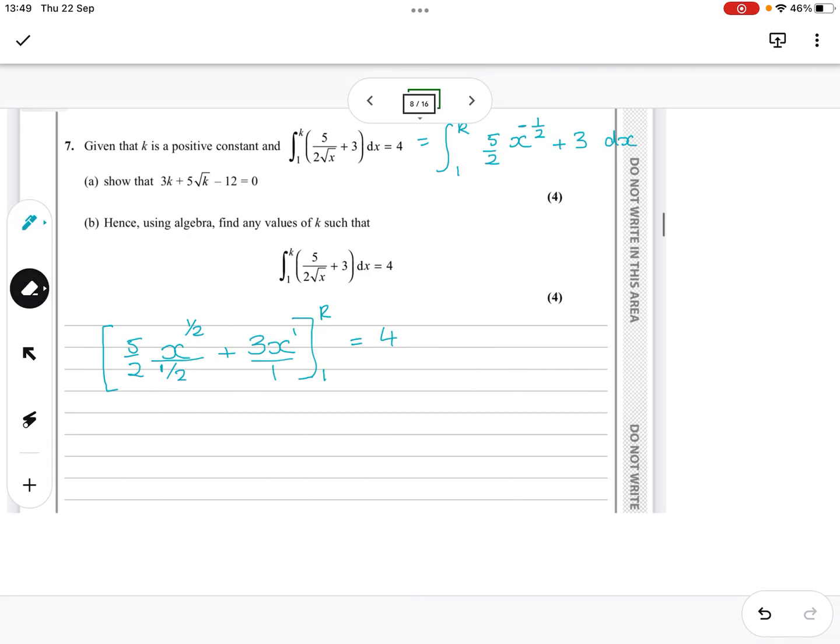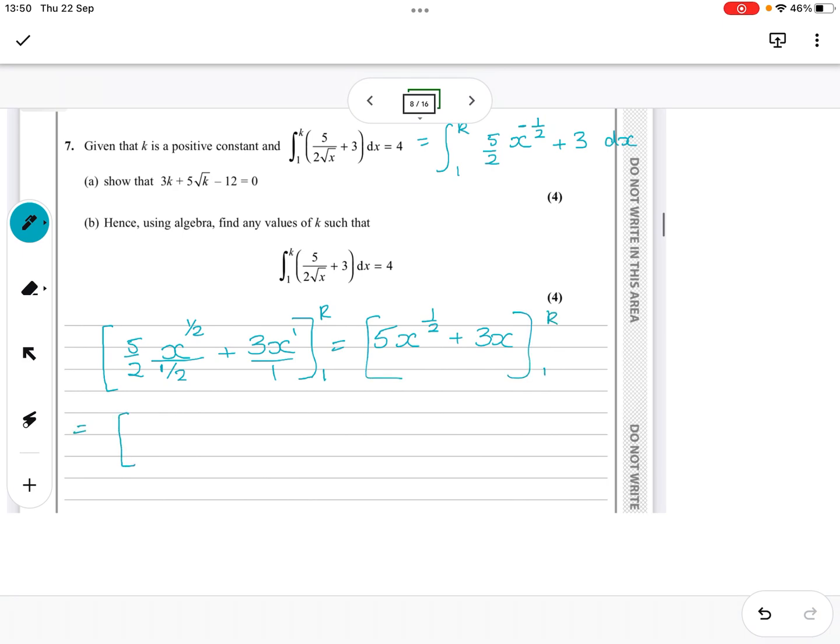Simplifying this and making it look nice, I've got 5 over 2 divided by a half, so that will just leave me with 5x to the half, plus 3x. And I'm still going between k and 1.